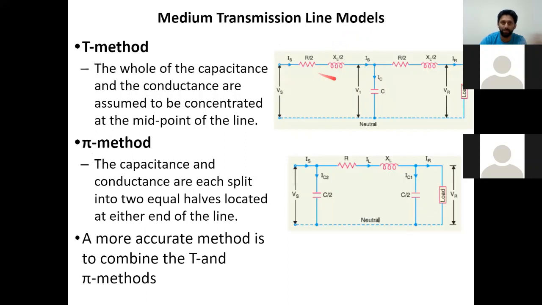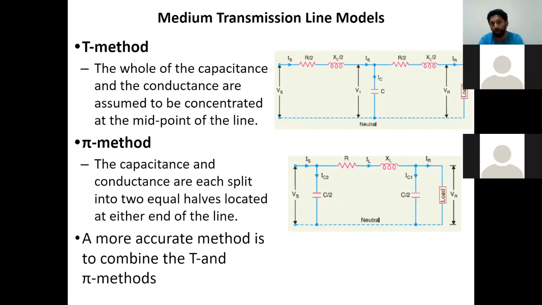Half is connected before the capacitance and the remaining half after the capacitance. For the pi model, which is the most commonly used technique, resistance and inductance are connected completely, and the capacitance is divided in half, so that half of the capacitance is at the sending end and the remaining half is at the receiving end.